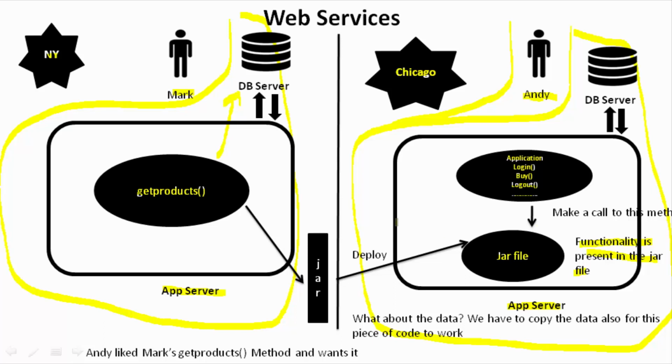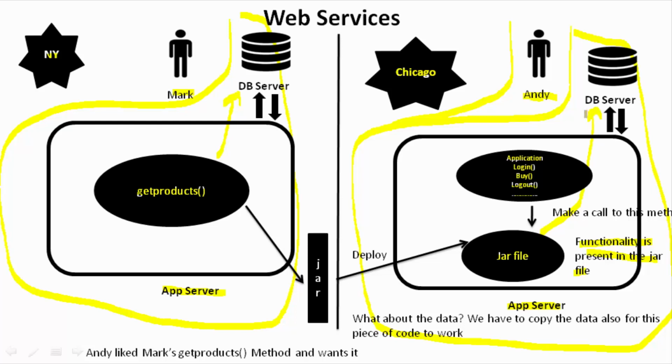This database is not accessible to this instance of the code, because this is in New York, this is in Chicago, and this infrastructure is there in New York. So this instance can make a call to this database server. But what about this instance? It has to make a call to this database server, if configured well.